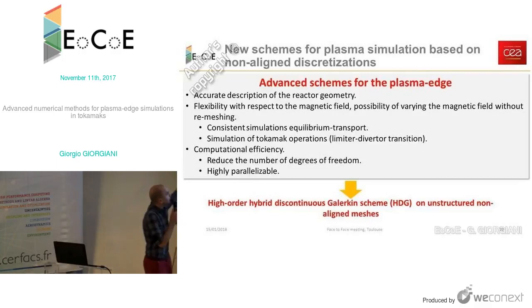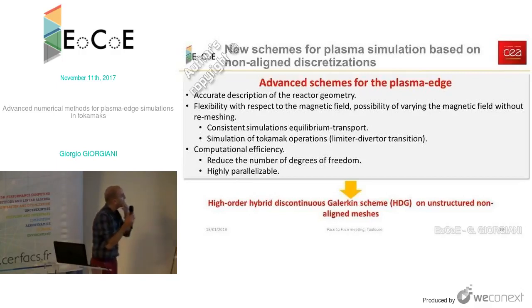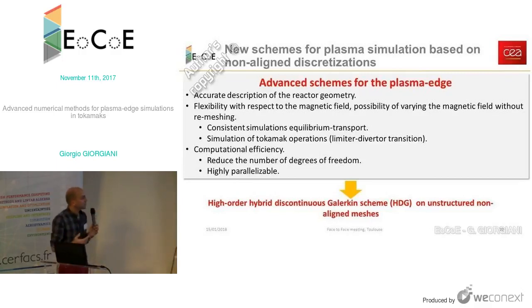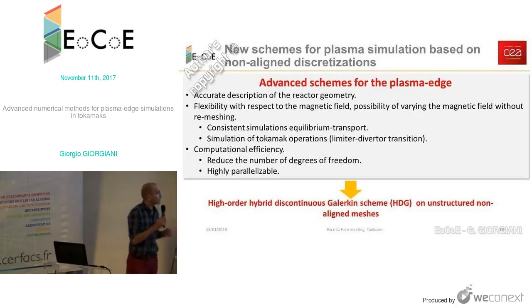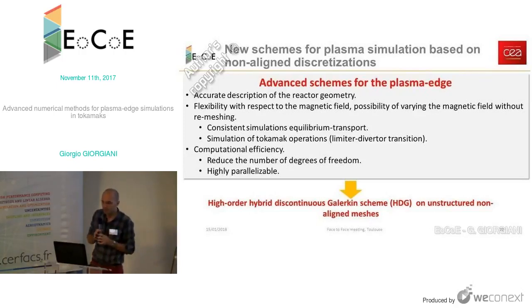We wanted an accurate description of the geometry, and some flexibility with respect to the magnetic field, with the possibility also of varying the magnetic field without the need of remeshing at each time step, which allows us to perform consistent simulations and also to simulate some tokamak operations.